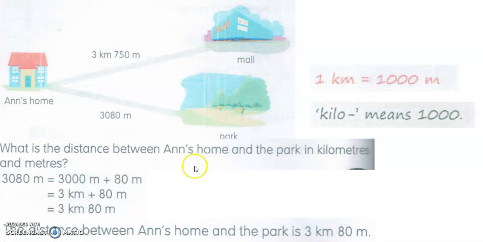This is the same as saying it's 3080 meters, but what is different is the way we are presenting the distance. Sometimes we want to use meters only, sometimes both kilometers and meters, and sometimes only kilometers.